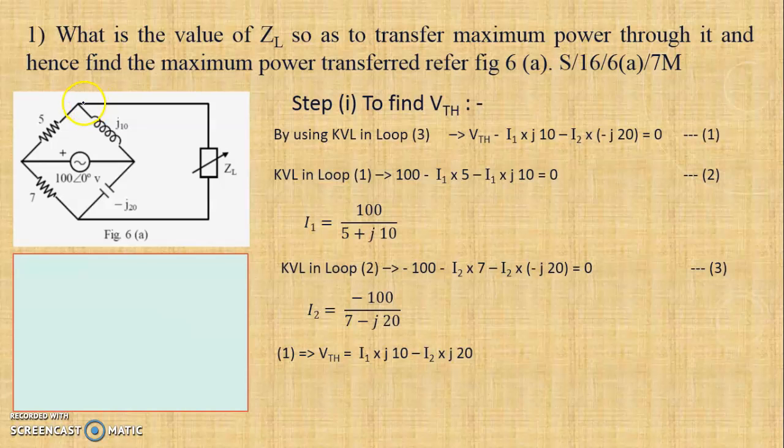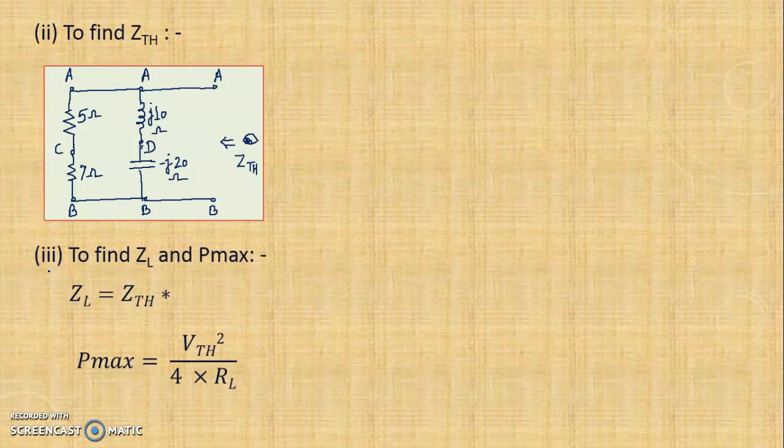So this is A, this is B, then this is C, and this one is D. So we have 4 terminals, and in between each two terminals there is an element present.